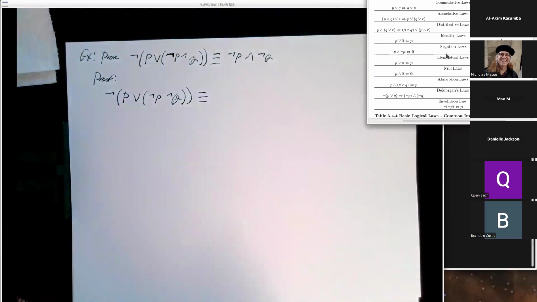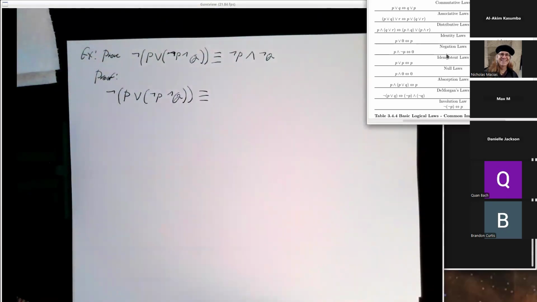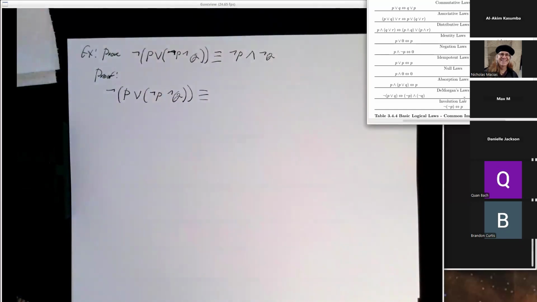Can we find something that this is equivalent to just by using one of these laws up here one time? Do any of those laws apply to this expression?